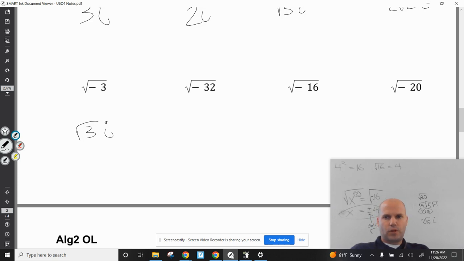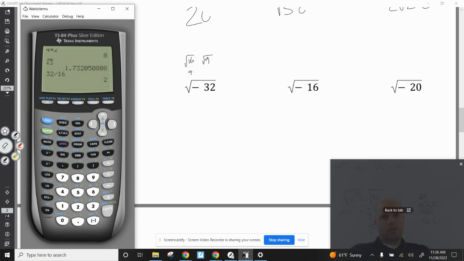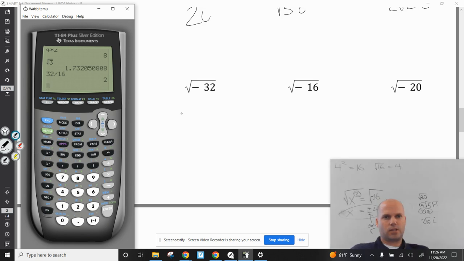Square root of 32. Well, let's see. Can 16 go in there? Can 9 go in there? Let's see. 32 divided by 16. Yeah, it's 2. Okay, so remember, this is how we simplify. This is good practice.